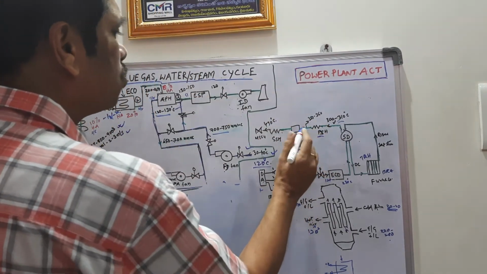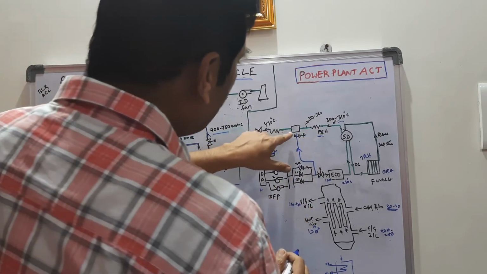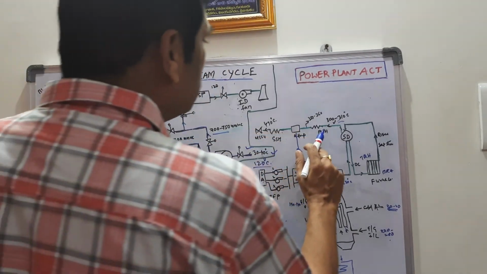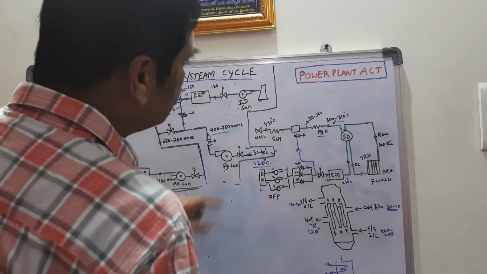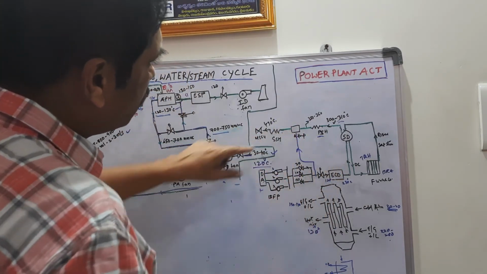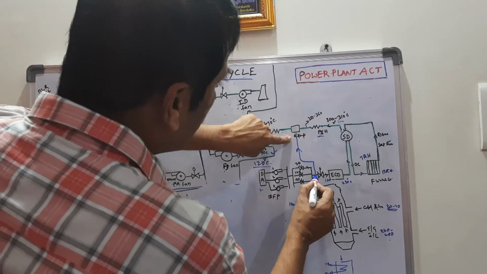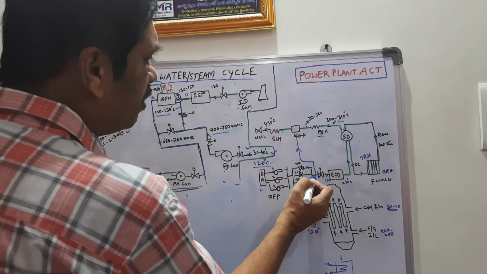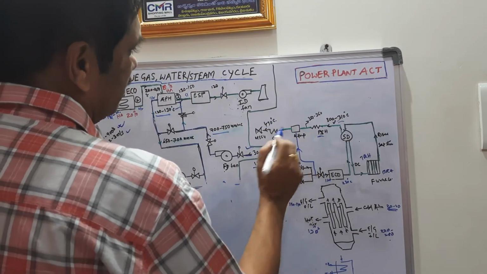Then it enters the attemperator. The function of the attemperator is to control the temperature of the steam, and the medium for controlling the temperature is feed water, taken from the boiler feed pump outlet side.